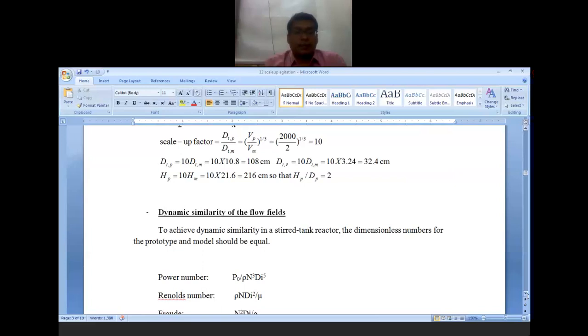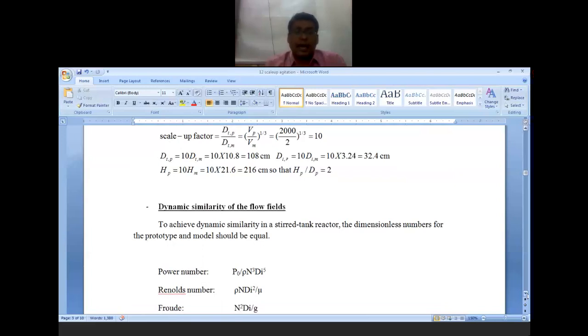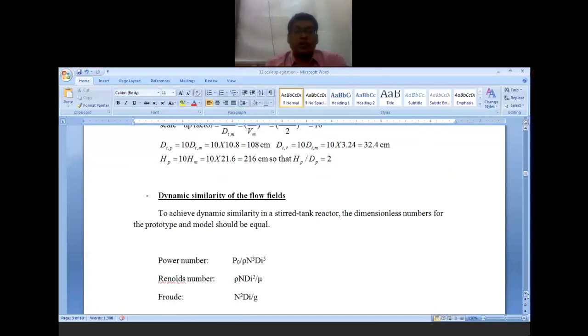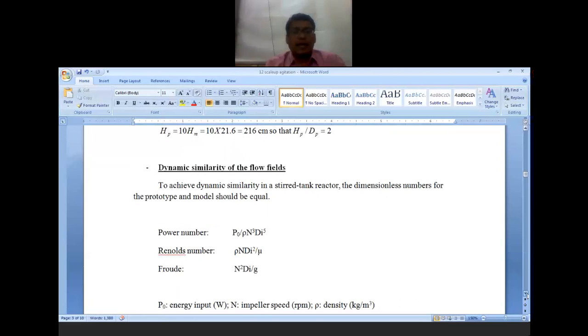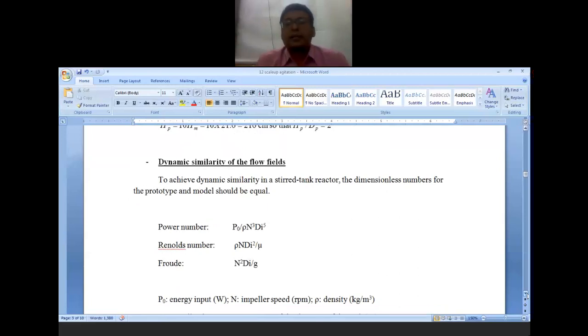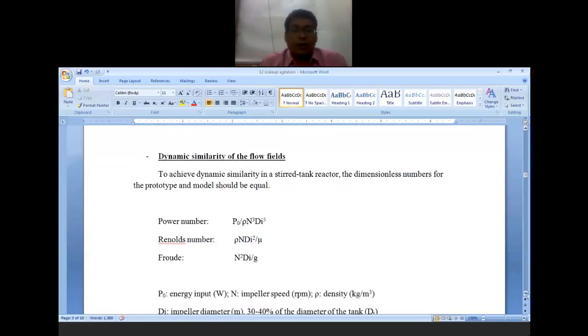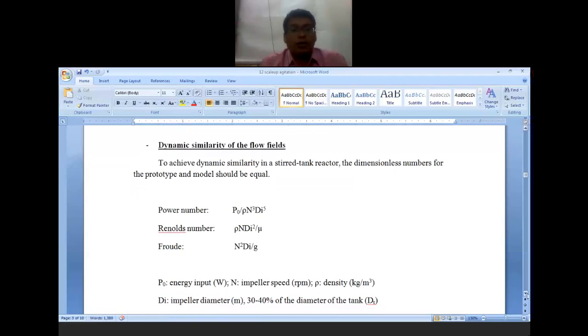showing the geometric similarity. Now coming to understand the dynamic similarity of the flow of the fluids. To understand this dynamic similarity in a stirred tank, the use of dimensionless numbers is needed. That is, the power number, Reynolds number, and Froude number. Power number Po, which is P upon rho n cube di raised to the 5.